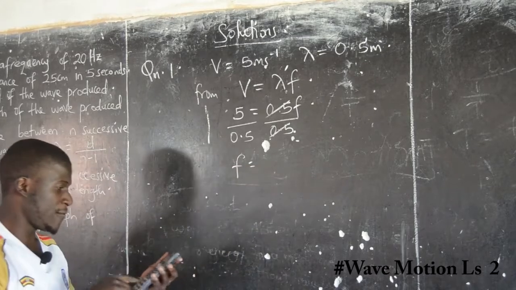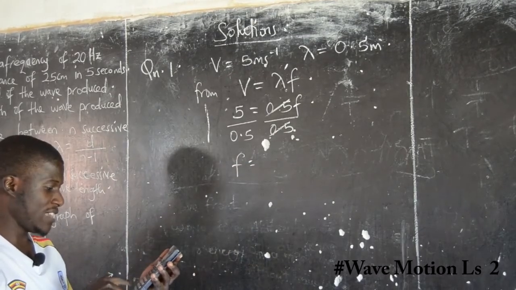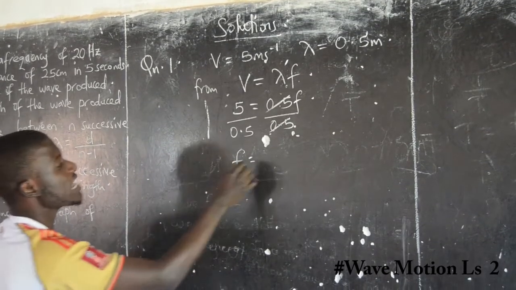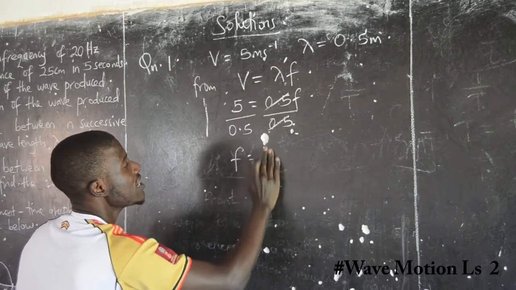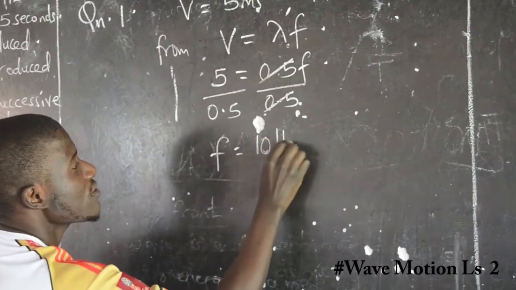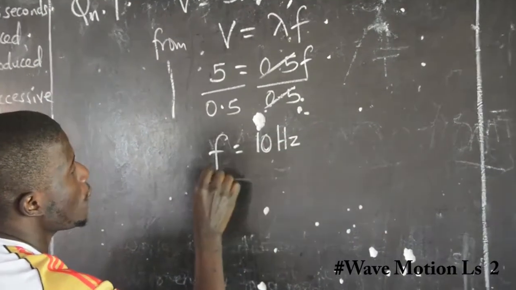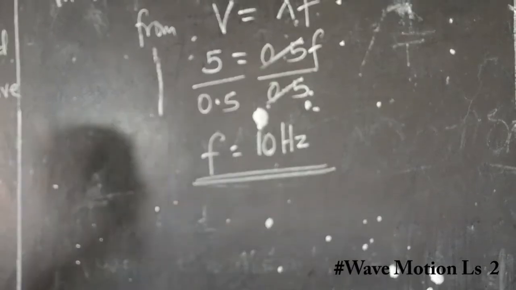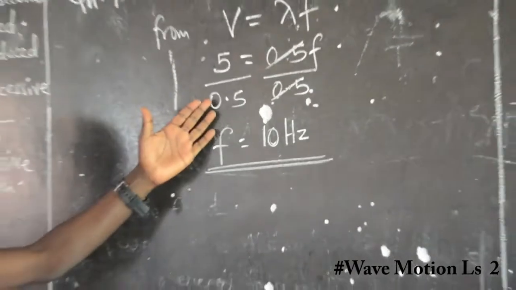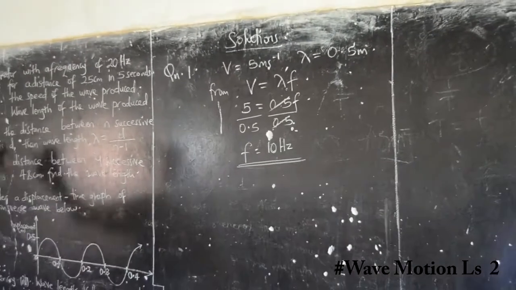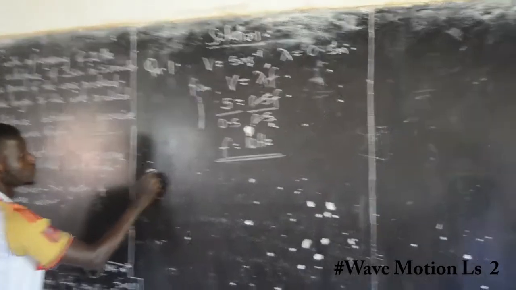So 5 divided by 0.5 means your frequency becomes 10 hertz. That's a good application of the wave equation.